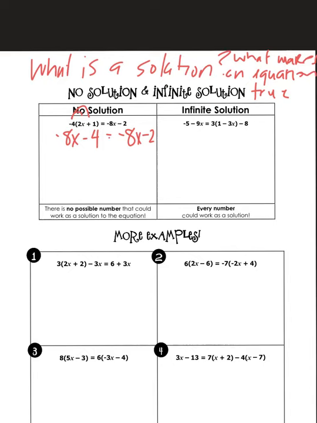I'm going to move this 4 over, so I'm going to add 4. Negative 8x equals negative 8x plus 2. Then I'm going to take the negative 8x on the right side and move it over, so I'm going to add 8x.